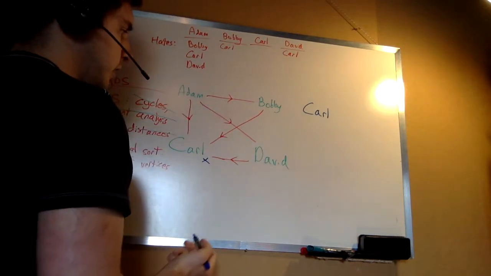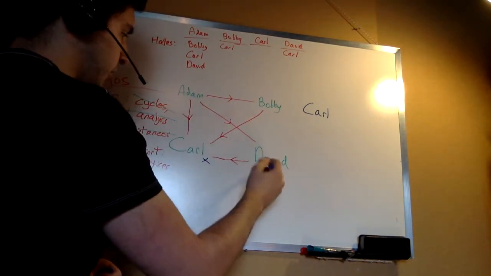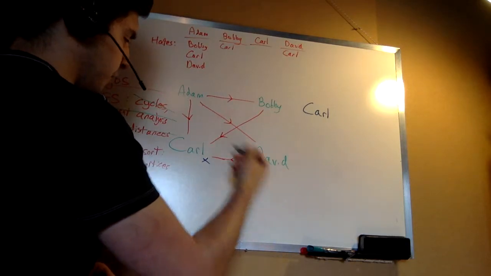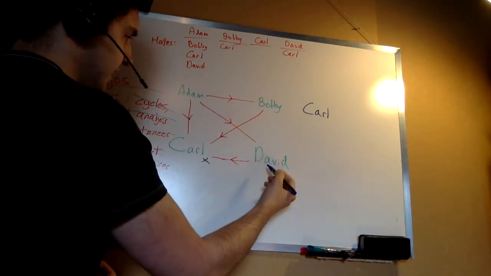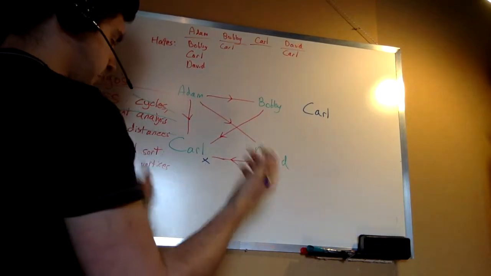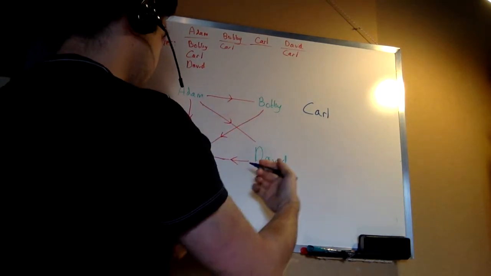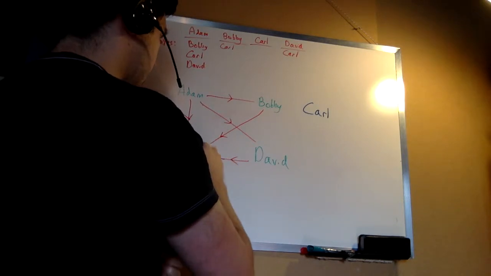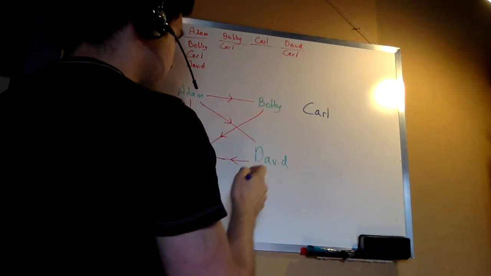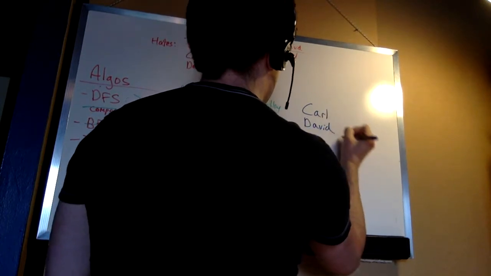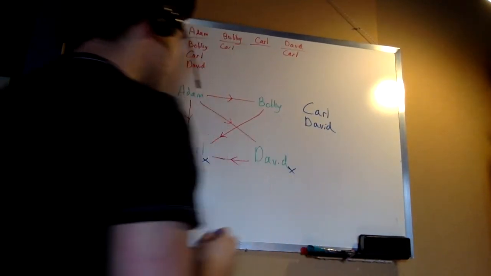Then Adam to David. So now we've explored David, and we've explored the edge toward David. And then from David, again, because DFS, we're not going to actually handle or process David yet. We'll explore the edge out to Carl. Carl's already been visited, so we go back to David, and now we write David. Okay, and now David's been visited.